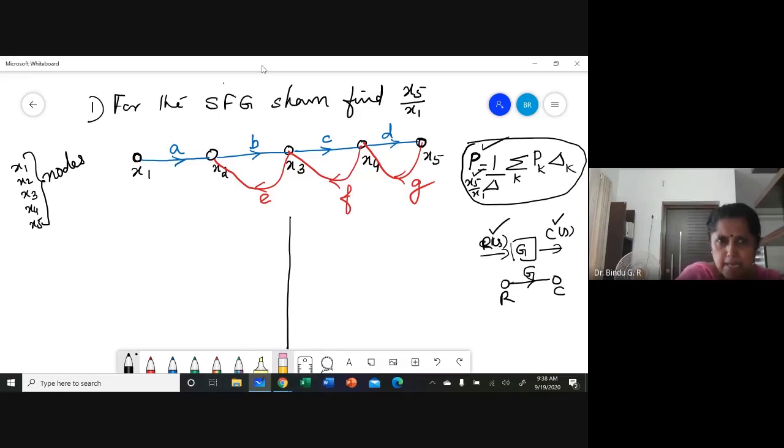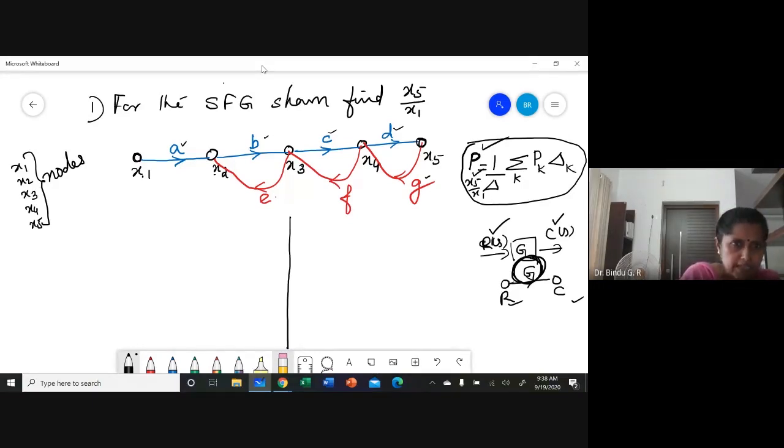Instead, in this problem, I have represented by A, B, C, D, G, F, E. These are all equivalent to G, and X1, X2, X3, X4, X5 are equivalent to R and C. Okay, X1, X2, X3 up to X5 are nodes. What are nodes? A node is a point representing a signal.